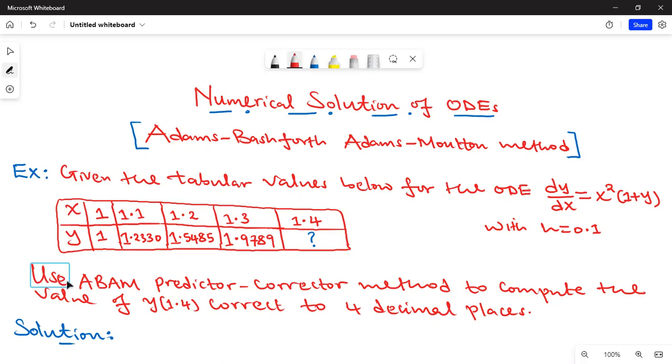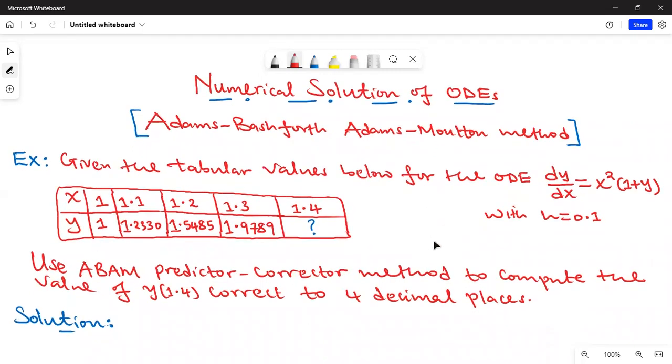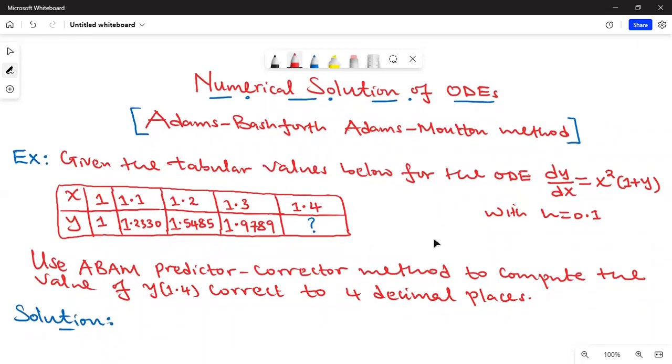We are asked to use the Adams-Bashforth Adams-Moulton Predictor-Corrector method to compute the value of y of 1.4 correct to 4 decimal places. The good thing about this method is that it is of fourth order.